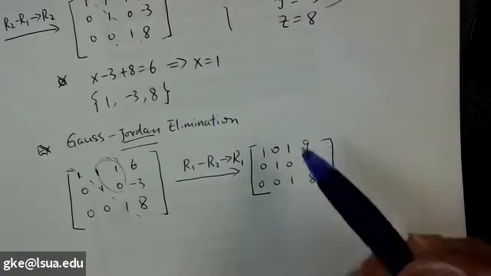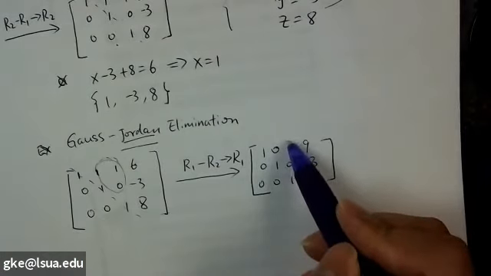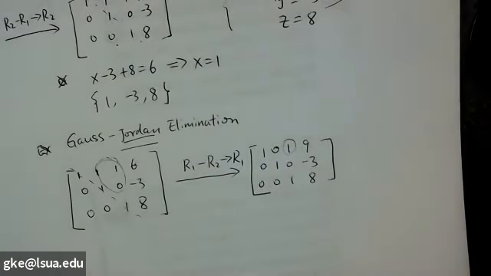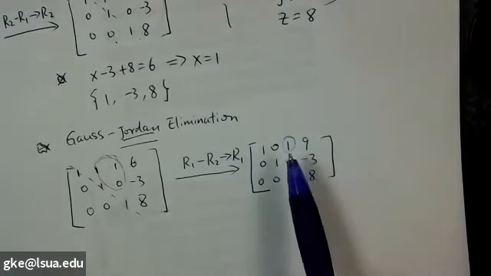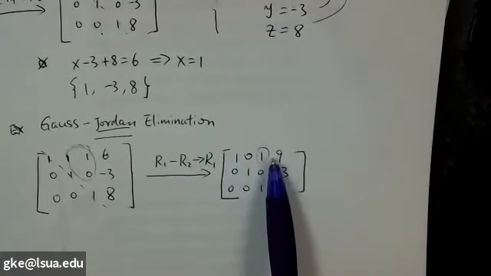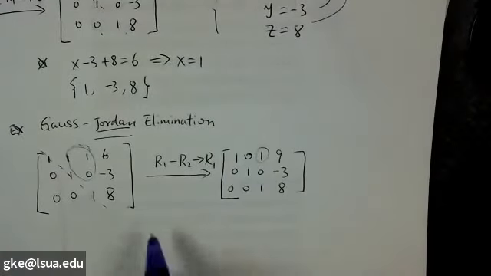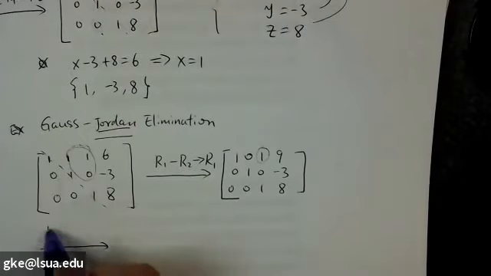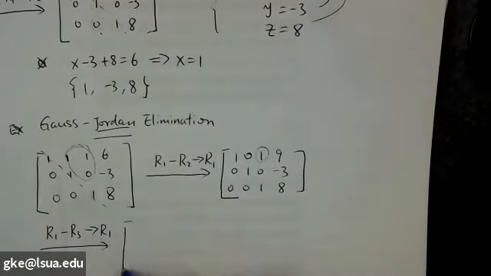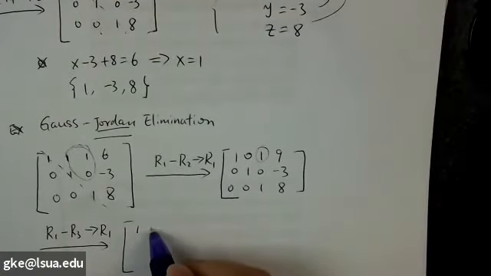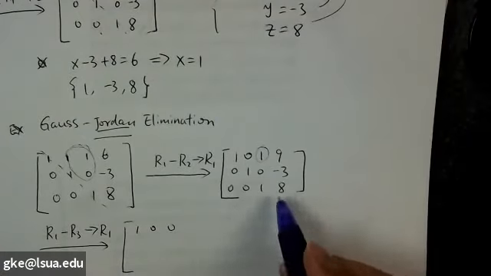Now, we want to eliminate this one too, right? Because this one is non-zero. How do we eliminate this one? Good job. That's it. Row 1 subtract row 3. So we have 1, 0, 0, 1.